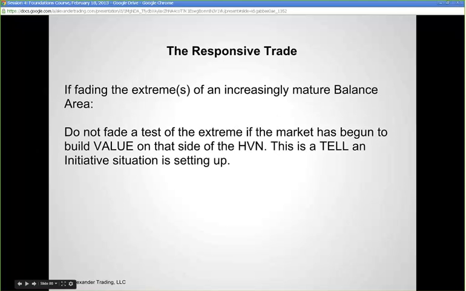Now, I've covered this, but it bears reiterating.